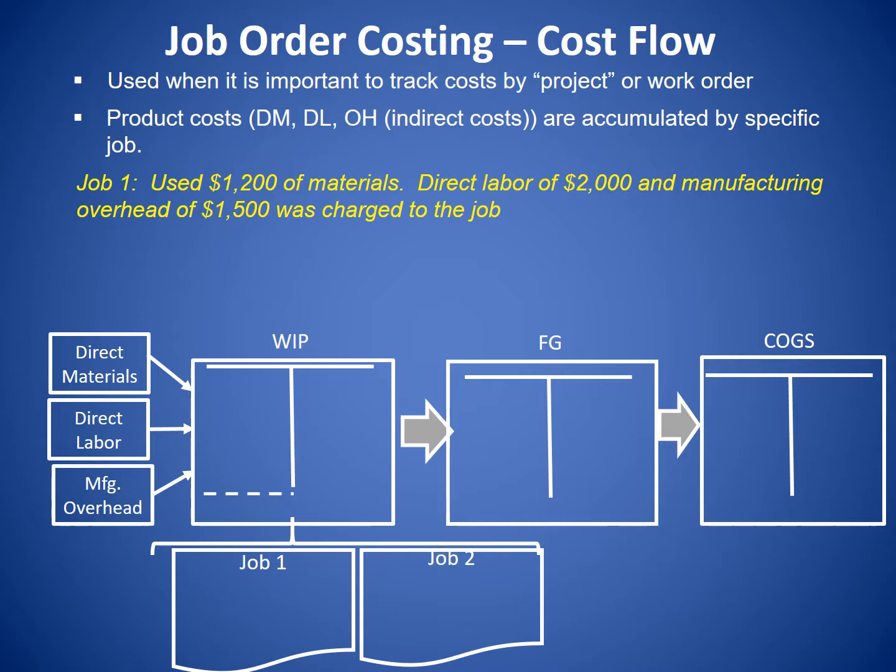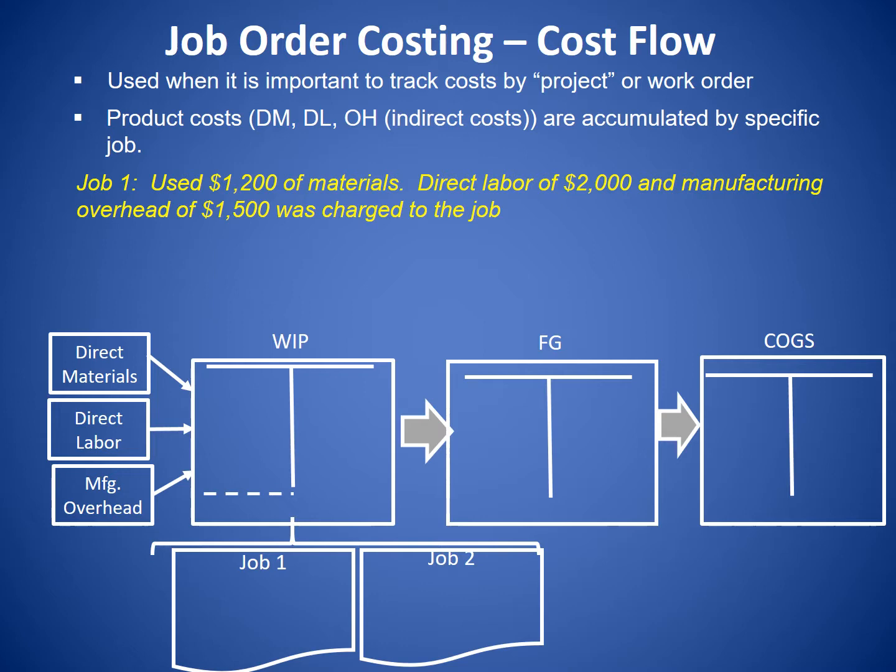And again, overhead is our indirect costs of production. So what we're going to do is see how this works by T account journal entry and what we call job sheets.